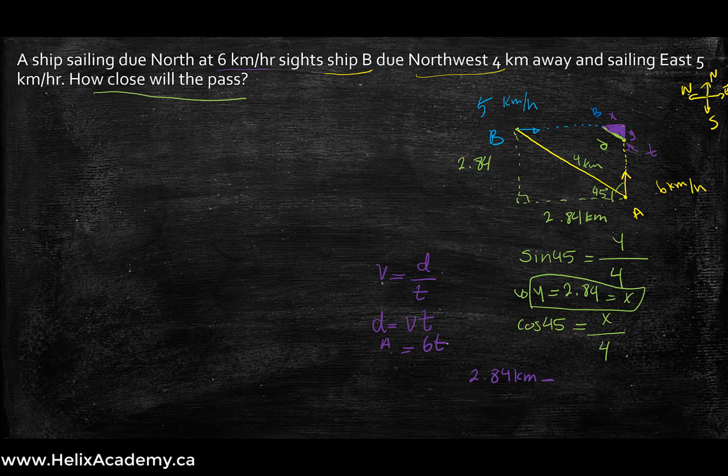So the distance that ship A has traveled from here to here is 6 times t. And the distance here, the purple distance that I called y, is going to equal 2.84, which is the big distance from here to here, minus this distance, which is 6t.